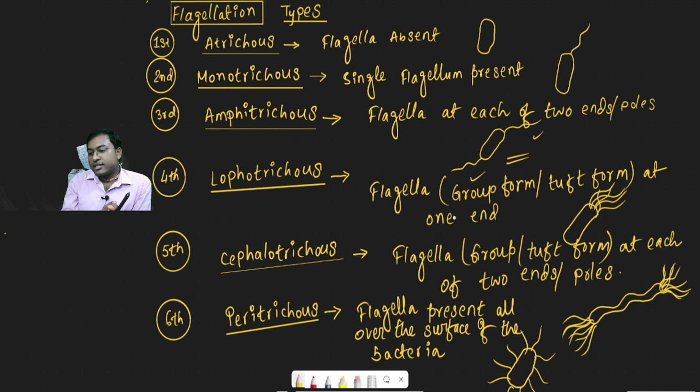The fifth is CEPHALOTRICHOUS, where a tuft of flagella is present at each of the two poles of the bacteria. And the last is PERITRICHOUS, where the overall surface contains flagella. So this is a very, very important topic, and this information is enough for your exam purpose.